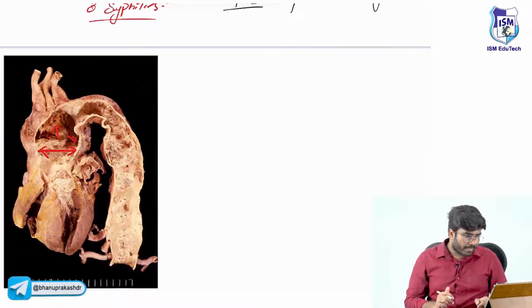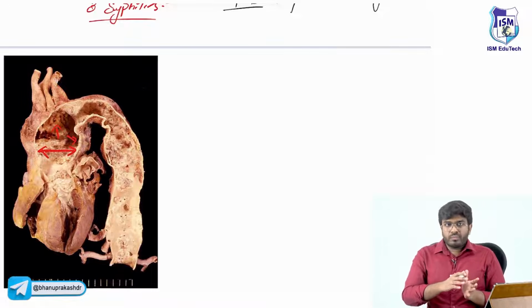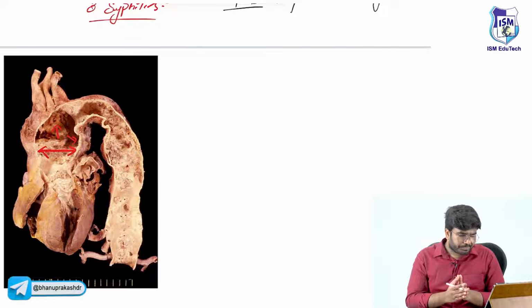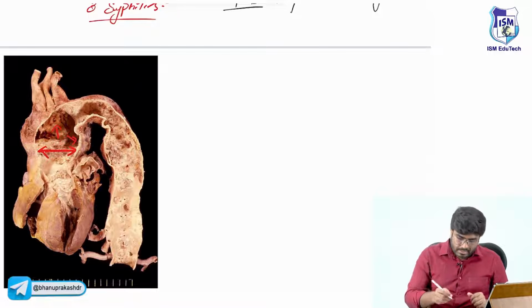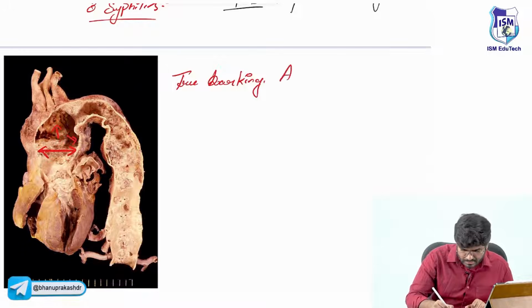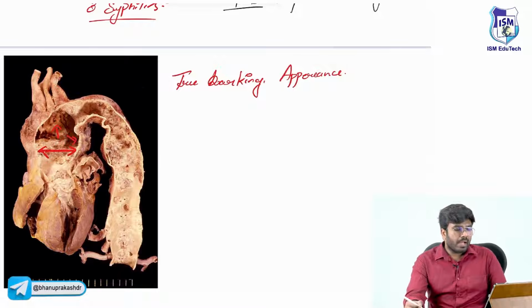Tertiary syphilis. How will these syphilitic aneurysms appear? There will be a tree barking appearance.